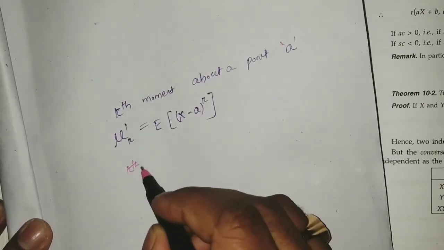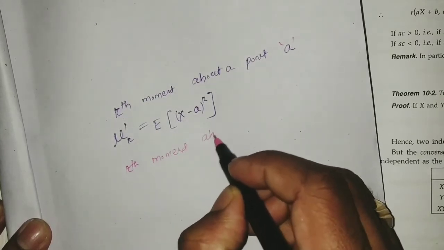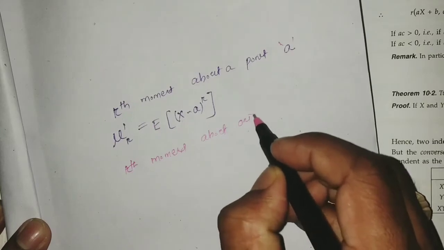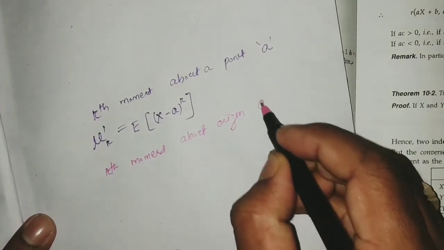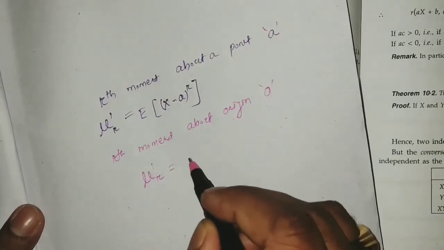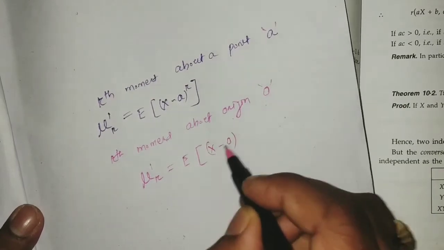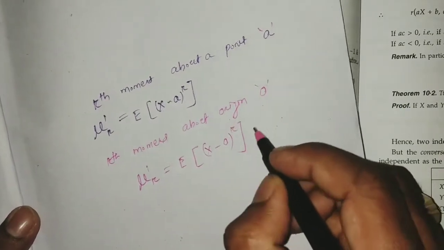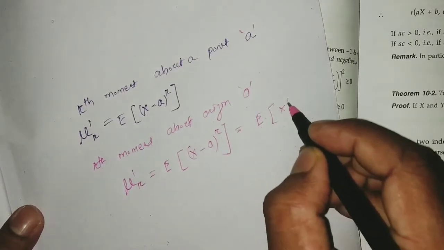Now if we consider the rth moment about the origin, that means this a will be considered as 0. So the rth moment will be the expectation of x minus 0 to the power r, or we can write the expectation of x to the power r.